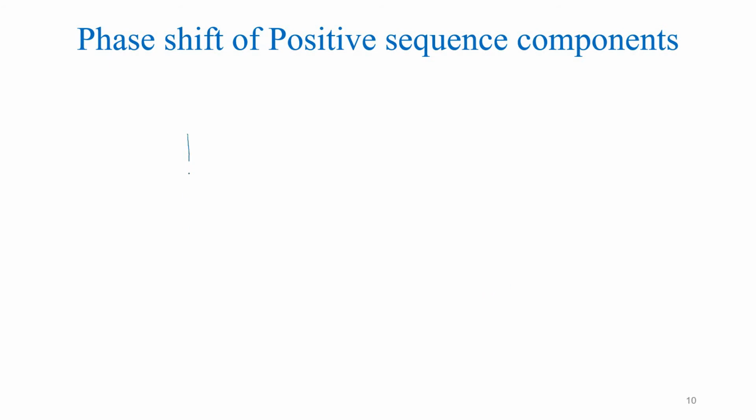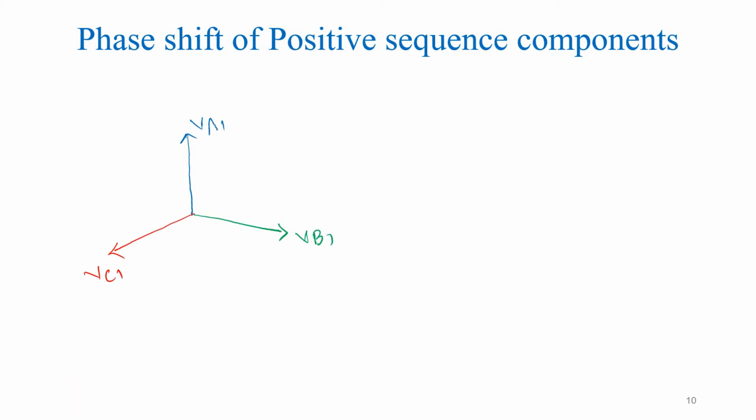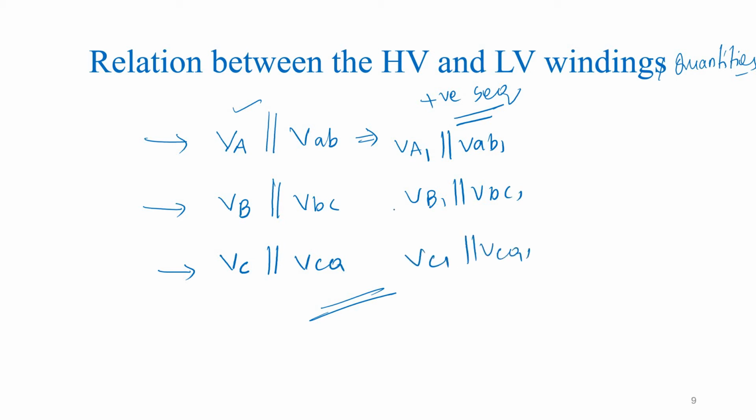Now let us draw VA1, VB1 and VC1. So this is VA1. From the above relation, with respect to the positive sequence, we can write these equations as VA1 is parallel to VAB1, VB1 is parallel to VBC1, and VC1 is parallel to VCA1.